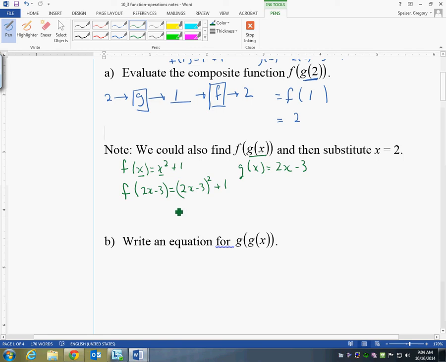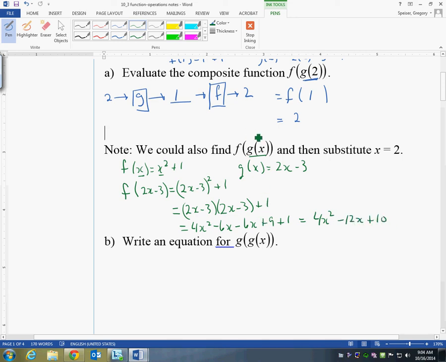Now, when I calculate that, if we use FOIL, 2x times 2x is 4x squared, 2x times minus 3 is minus 6x, minus 3 times 2x, minus 6x again, plus 9, plus 1. Then we put together our terms, so we get 4x squared minus 12x plus 10.